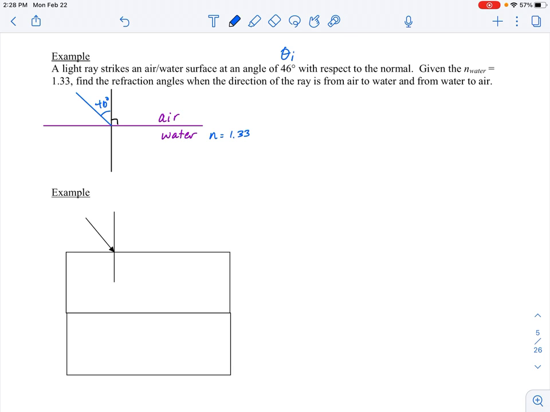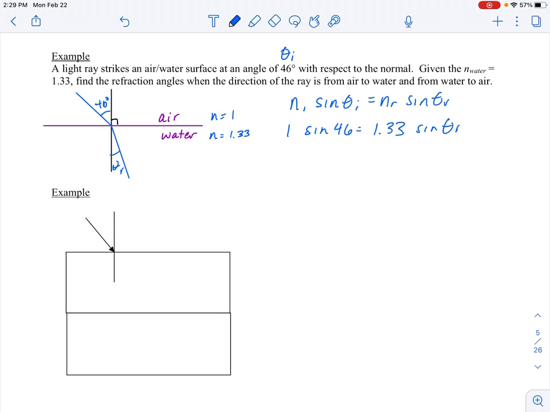Okay, so we'll do air to water first. So water has a higher index of refraction than air, so I'd be looking for this refracted angle. Snell's law tells me that ni sine theta i equals nr sine theta r. So I would do 1 times the sine of 46 equals 1.33 times the sine of unknown. And now I need a calculator.